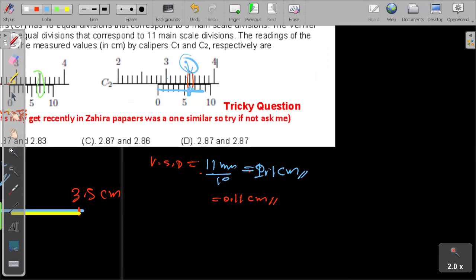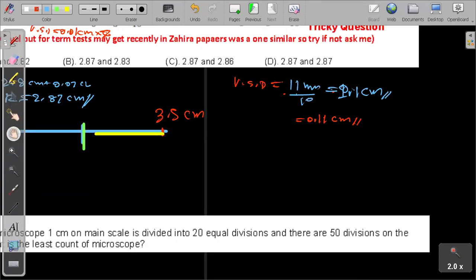You can find out the length until the vernier 0. There is a gap over here, and we don't really want to worry about that gap. I just need to remove this yellow line from the blue line.